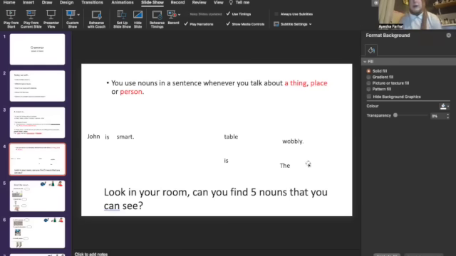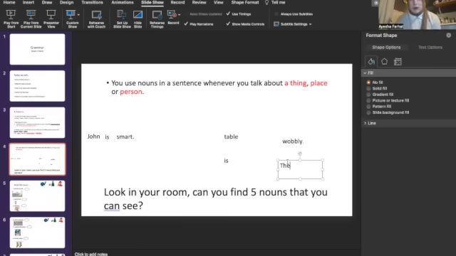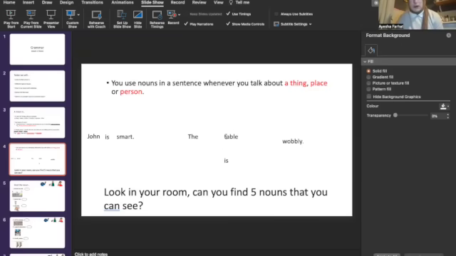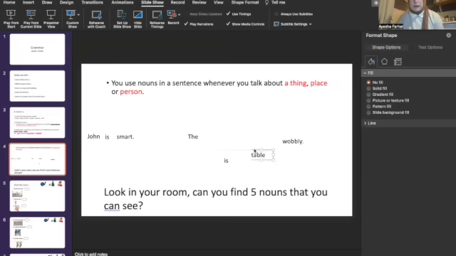Okay, I hope that you've had a go. Now let's do it together. So I know that the start of the sentence has to have a capital letter. So The. Now I have to be talking about something. I'm saying something is wobbly, so I know that wobbly is not the next word. If I put is, it's not going to make sense.